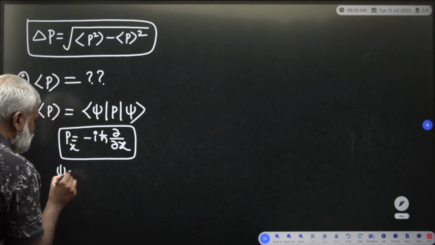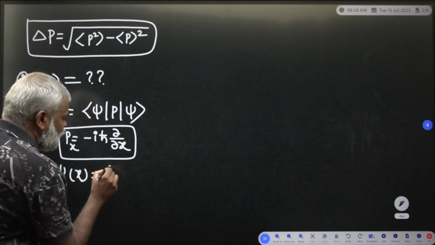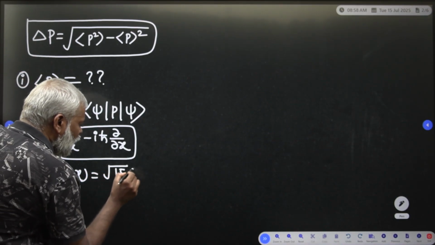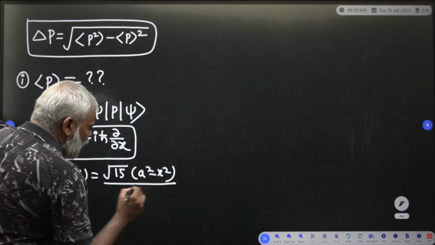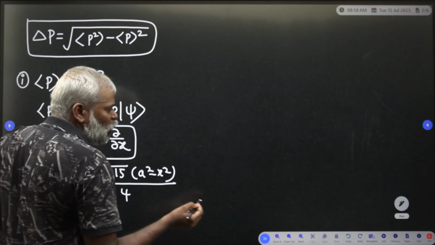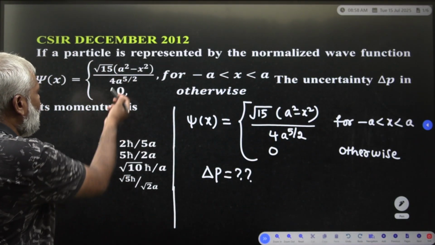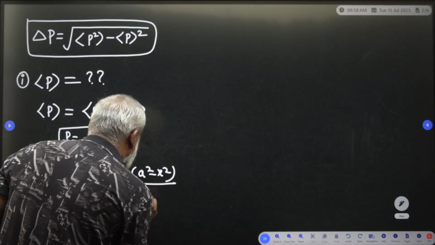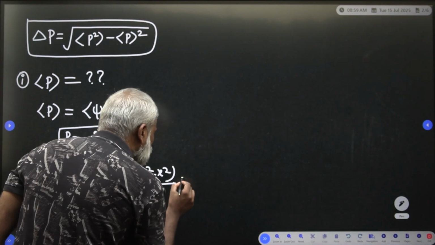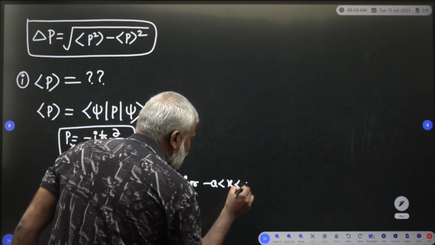Our psi of x is equal to root 15 into a square minus x square divided by 4 into a to the power of 5 by 2, for minus a less than x less than plus a.